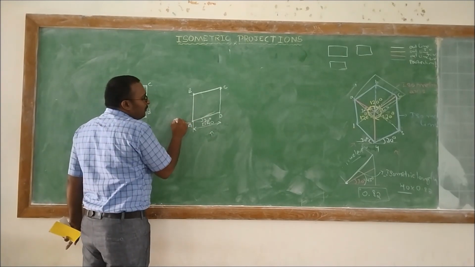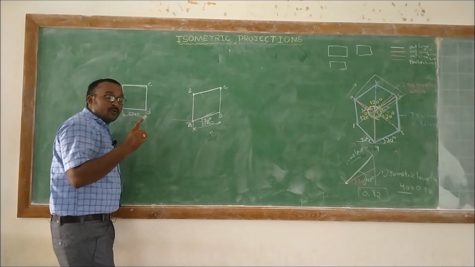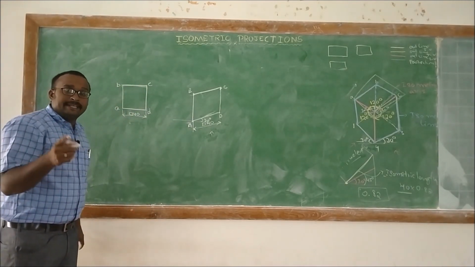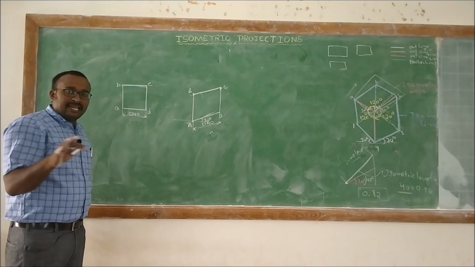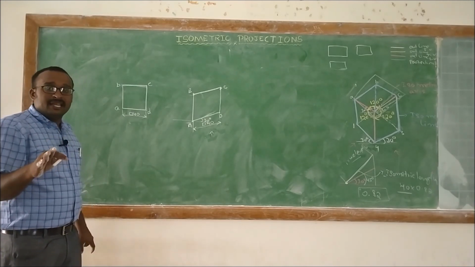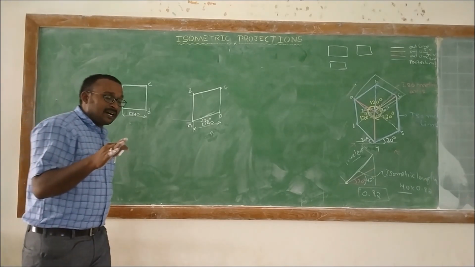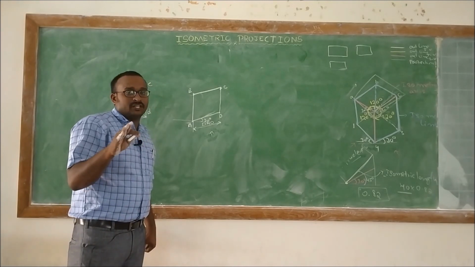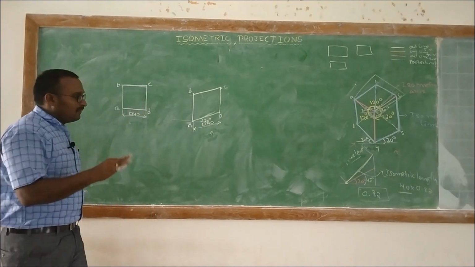But whenever we draw the top view, all the vertical lines and horizontal lines should be inclined at an angle of 30 degrees to the ground. Later we will discuss that.